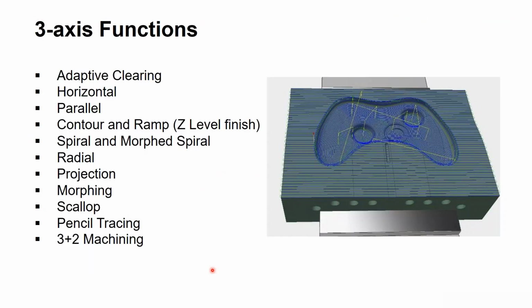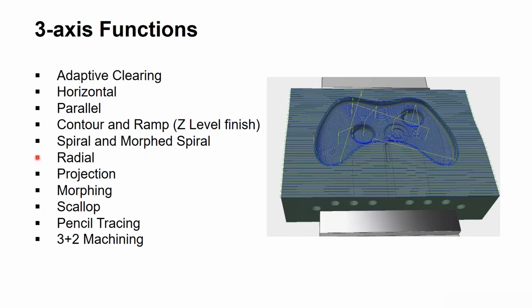If we look into the 3-axis functionality we have, yes, we have the adaptive clearing, of course. We also have horizontal and parallel strategies for shallow areas. We have contour and ramp strategies for steep areas. Also morphed spiral is good for steep areas.